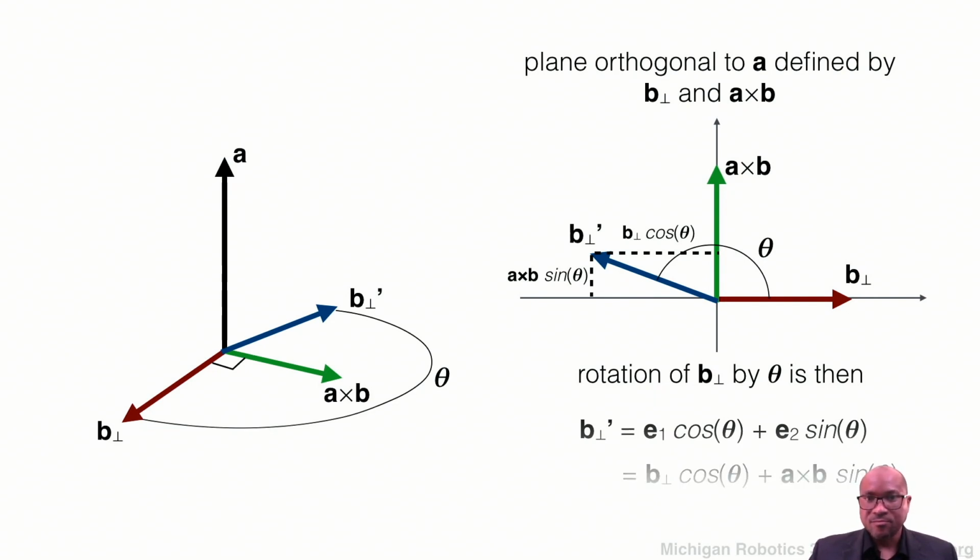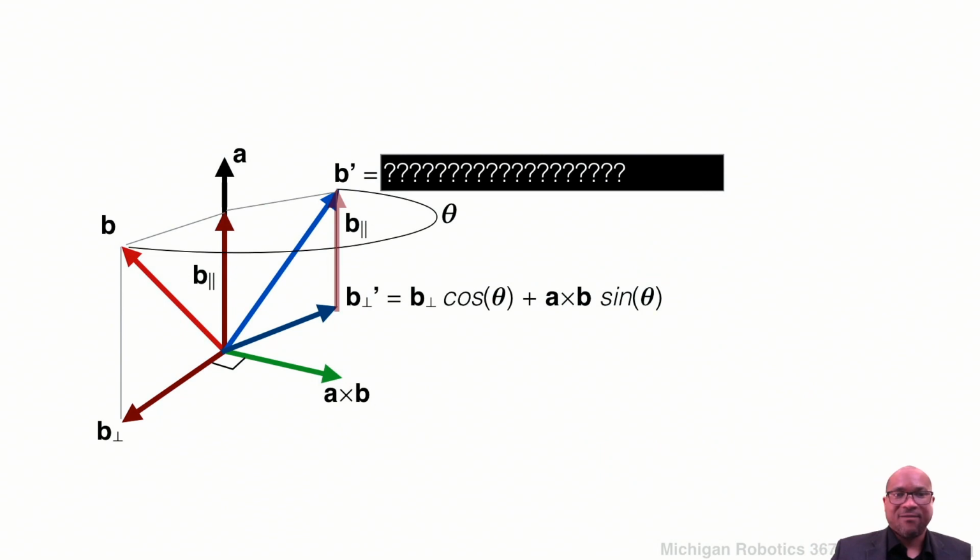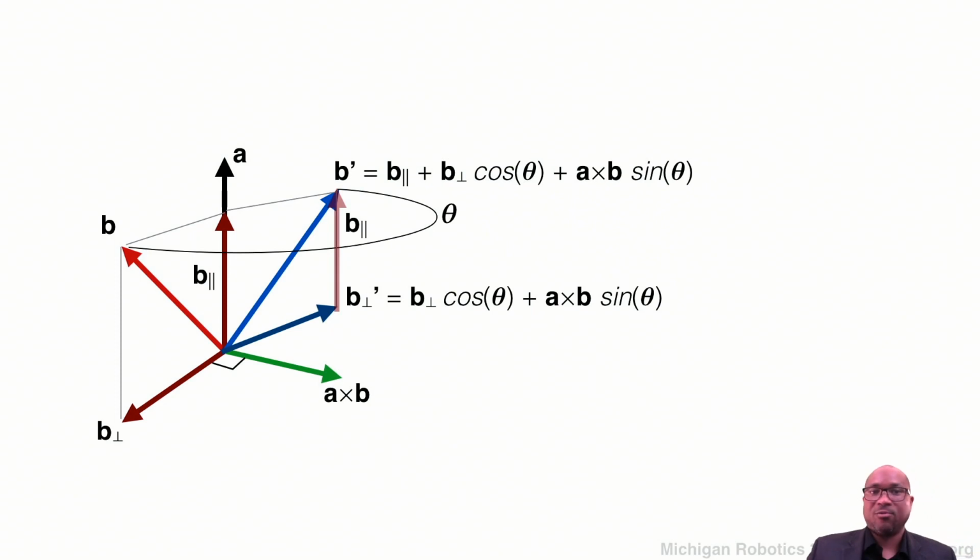So now if I take that expression that gives us B perpendicular prime, and like we said before, add B parallel to it, then we get our rotated B prime vector right here, which is fabulous.